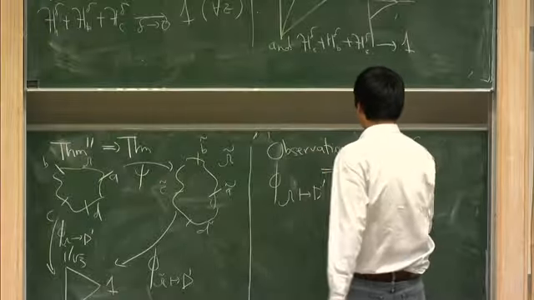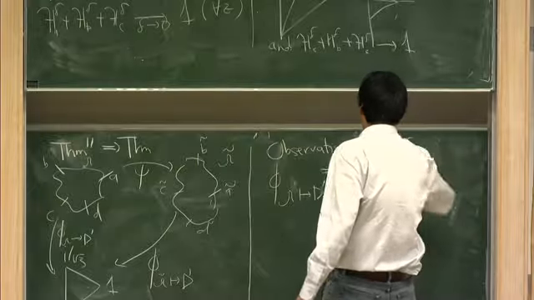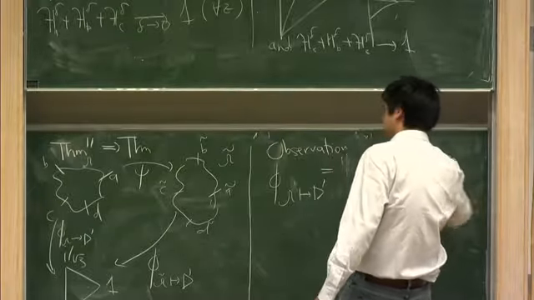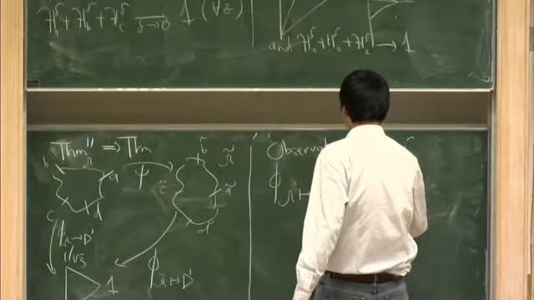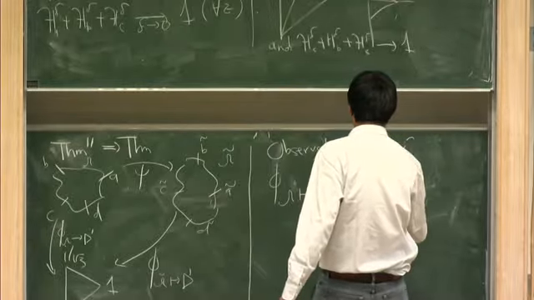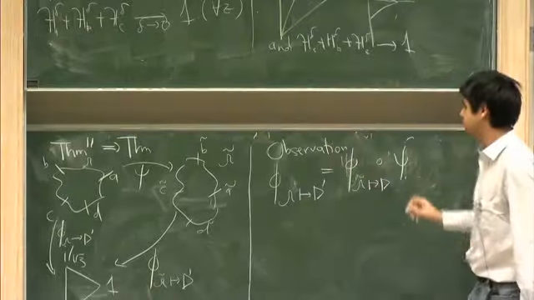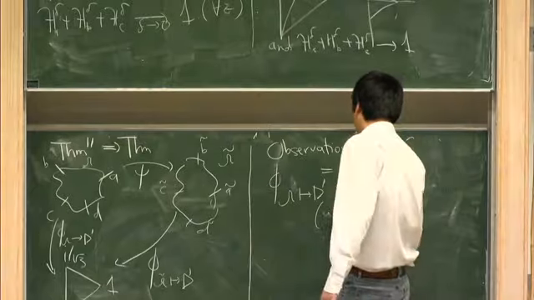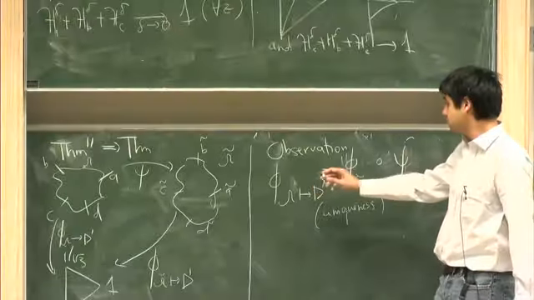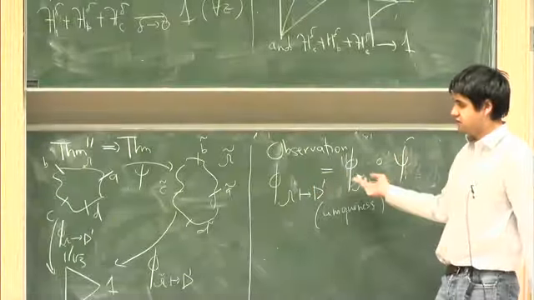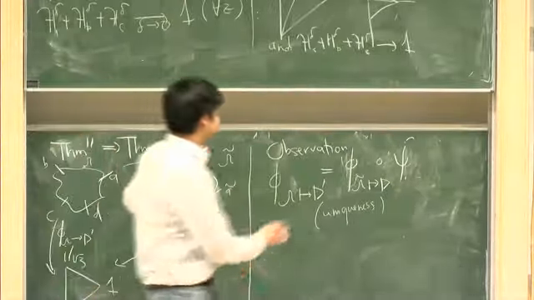It's the map psi post-composed with the map from omega tilde to delta prime. Okay. So this is uniqueness. Both are conformal mappings, and they both satisfy the same boundary conditions. They send the 3 points to the 3 points, so they are the same.